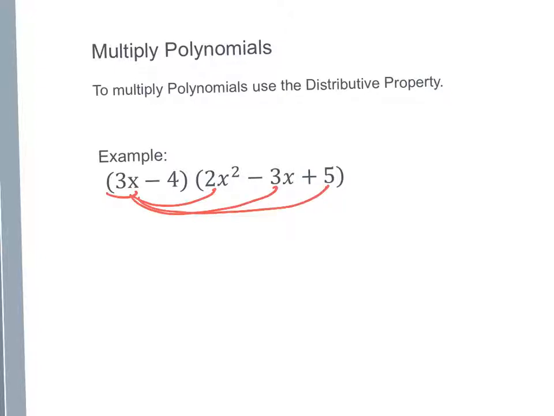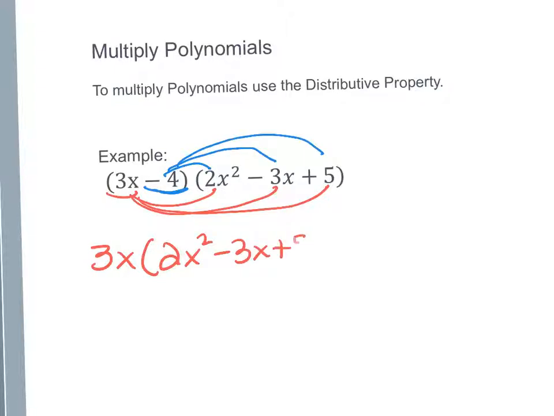And then I'm also going to take the second term, and again I'm going to treat this as a -4, and I'm going to distribute it to the 3 terms. So essentially I could change my problem and say, really what I'm doing here is 3x times 2x squared minus 3x plus 5. And then it sort of looks like the problem that I did yesterday.